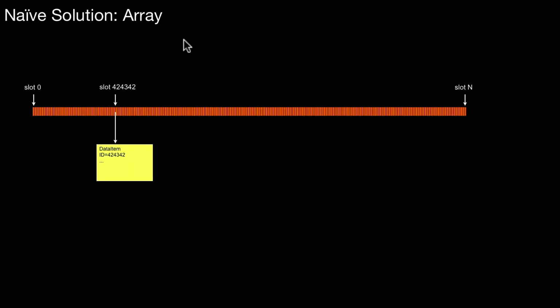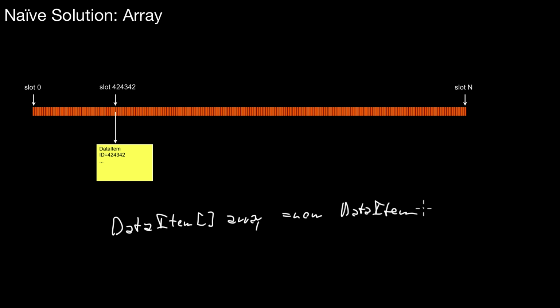A naive solution would be to use an array. If you know this n, what you can do is create an array of data items. Let's call it array, and then you say new data item of size n.